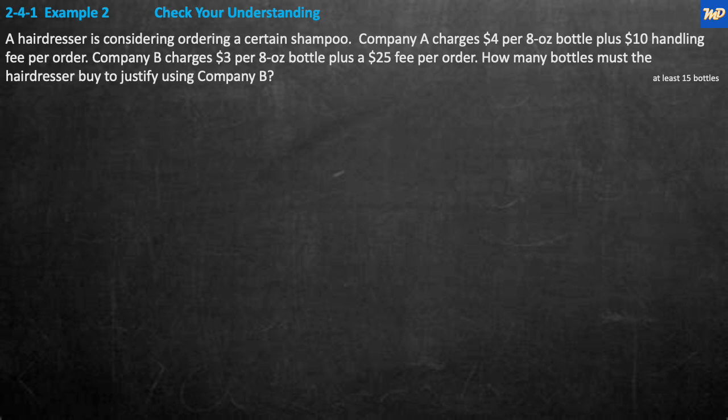So on the one side you're going to have 4B plus $10. And when will they equal each other? When they equal, from then on, it's cheaper to buy from the one with the higher fee. So we're going to have equals, excuse me, 3B, $3 a bottle plus 25.